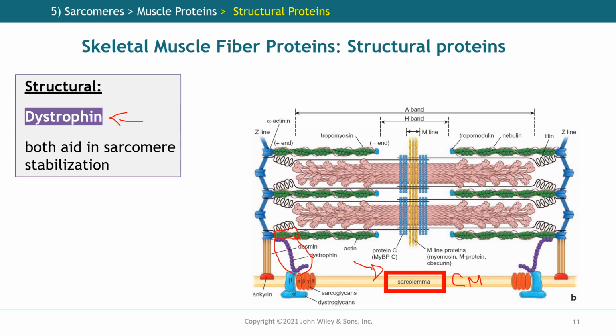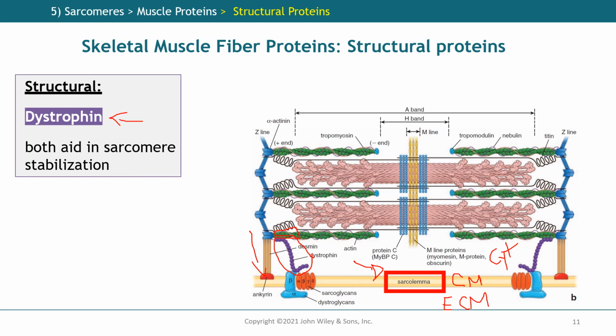So here the sarcomere is in the cytoplasm, and outside you will have the ECM, the extracellular matrix. In other words, the dystrophin stabilizes the sarcomere by making a connection from the actin to the exterior, from the interior to the exterior of the muscle cell.